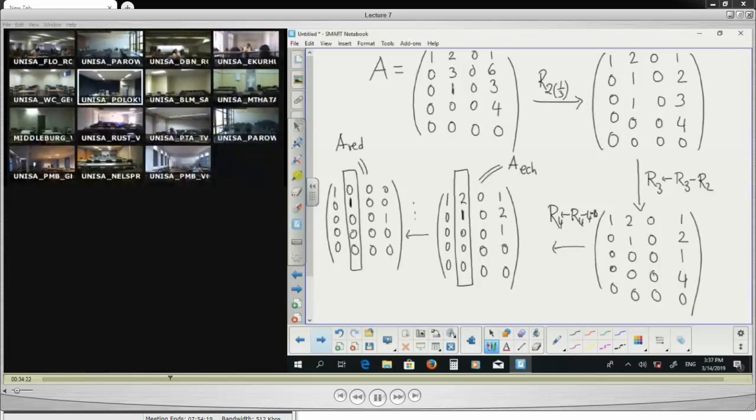Sir, can I please ask how did we get from the echelon form to the reduced echelon form? For instance, in the second column, this 2 has to be made 0. So you replace R1 by R1 minus 2 times R2.